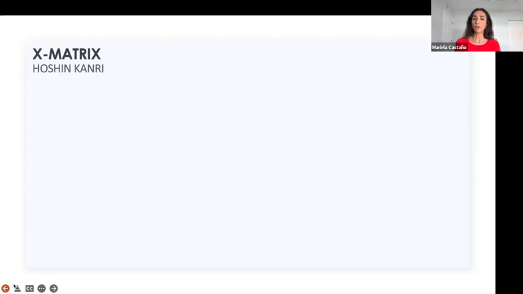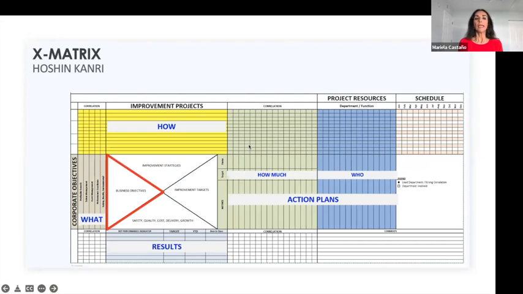The next one, which is the X matrix, also known as Hoshin Kanri, is basically a tool where all the activities related to what the organization is looking at acting on, how they are going to execute, what type of results they're expecting and what plans they have come together in one document.